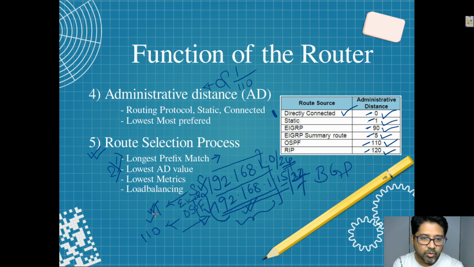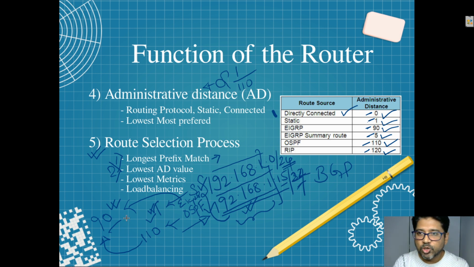EIGRP is going to be more preferred because the AD value of EIGRP is 90, which is lesser than 110. So EIGRP has the lowest AD value, and it has more preference to install the route into the routing table over OSPF for the same route.